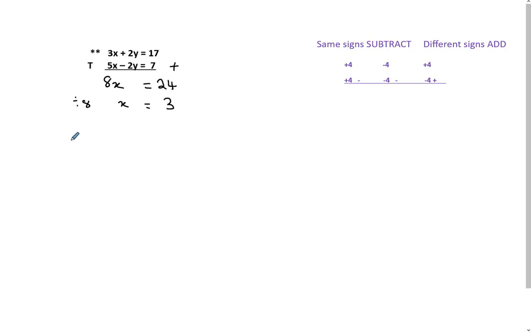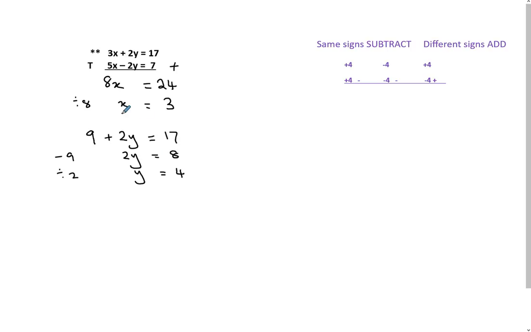Okay, so in the first equation, we're going to try and find what our y is. So we've got 3x, so 3 times 3 is 9, plus 2y equals 17. You minus your 9, and you've got 2y equals 8, divide by 2, and you've got y equals 4.